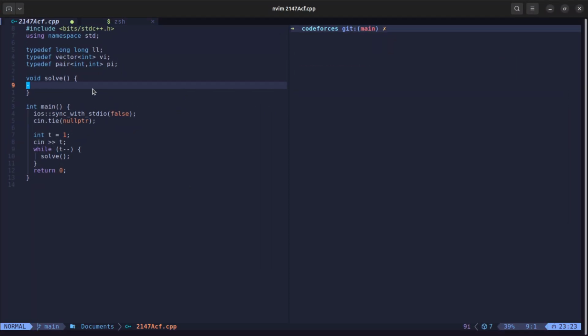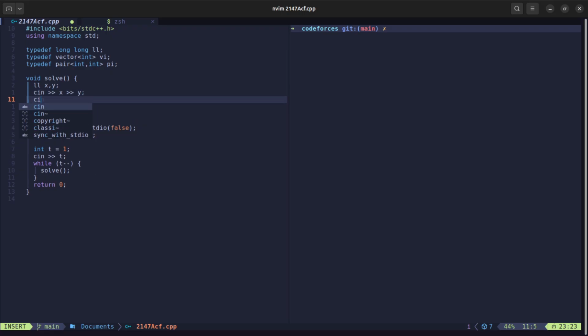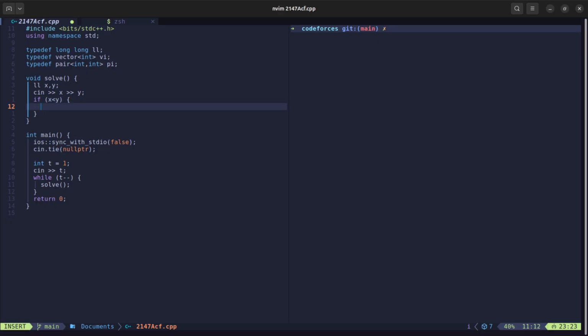For example, long long x, y, cin x, y. If x is less than y, okay, cout 2.